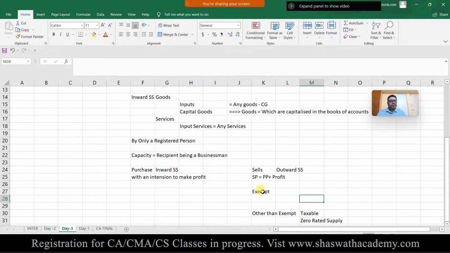So my dear brothers and sisters, let's understand, if something is exempt, what is exempt? 0% or nil or non-taxable, all these things. Tell me, when a particular outward supply is nil, non-taxable or 0%, is there any outward liability?